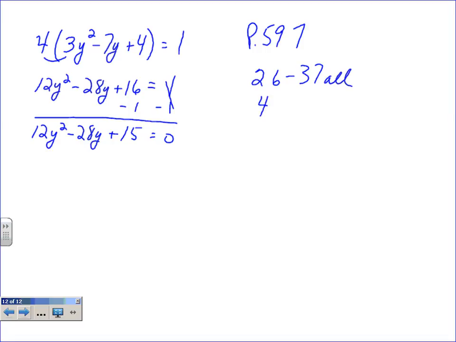And then we're going to do 42 through 47. And then, let's see. Then I want you to do on page 599, problems 16 through 24. So that gives you 8, 5, 13. That gives you about 22 problems or so.